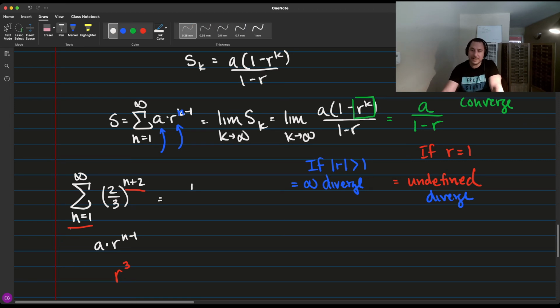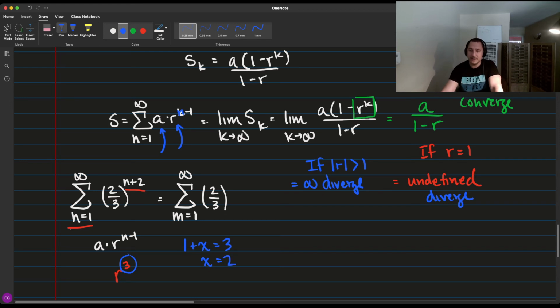And I'm going to rewrite this as the sum for m equals 1 to infinity of 2/3 to the something. So my m is 1. I want 1 plus something to be equal to 3. So if I subtract 1, I get 2.